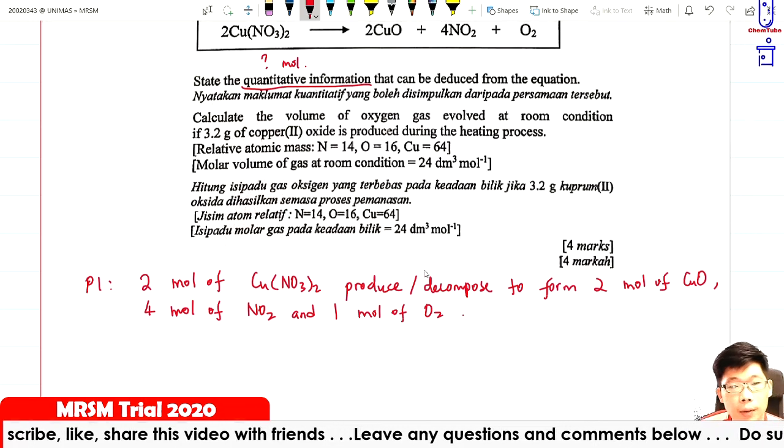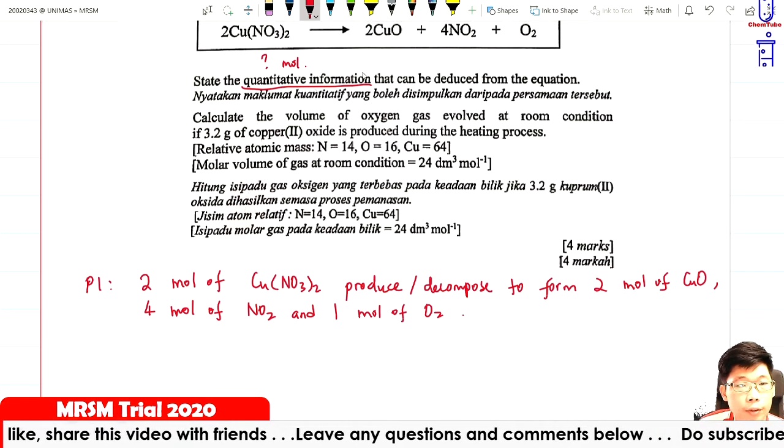So this is how we write the quantitative information.